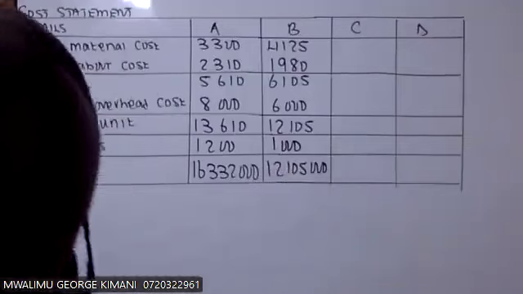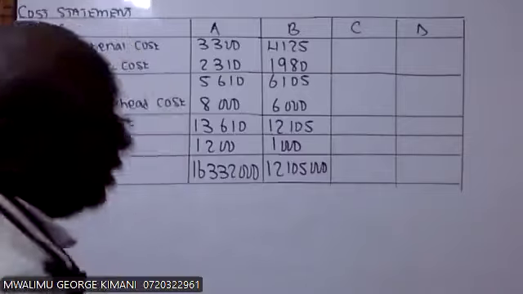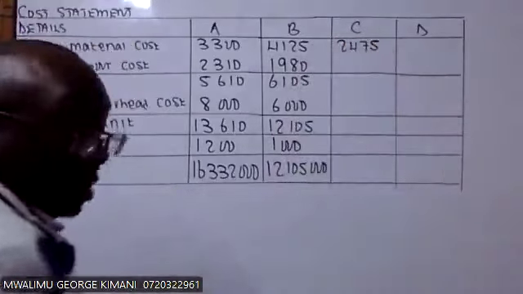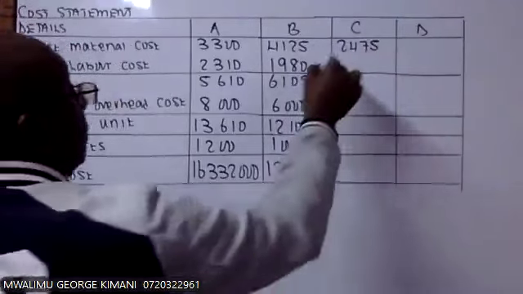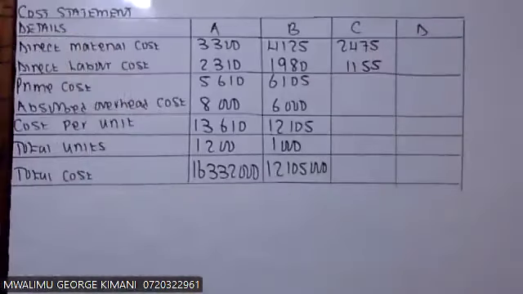We go to C. For C, we have 2475 and 1155. So add the two of them.